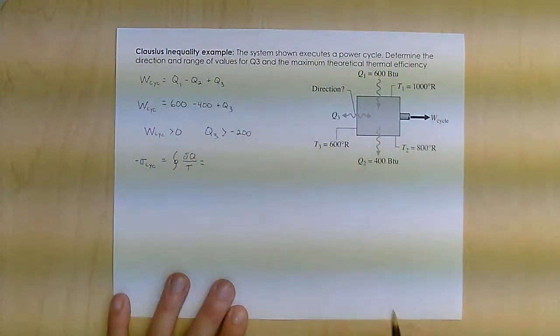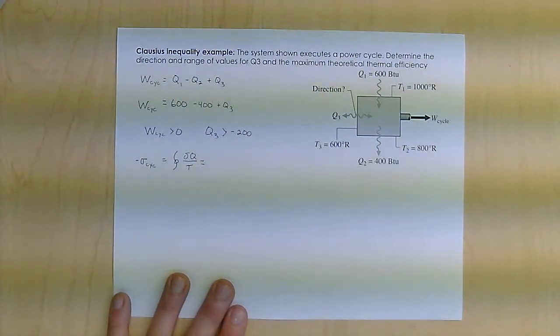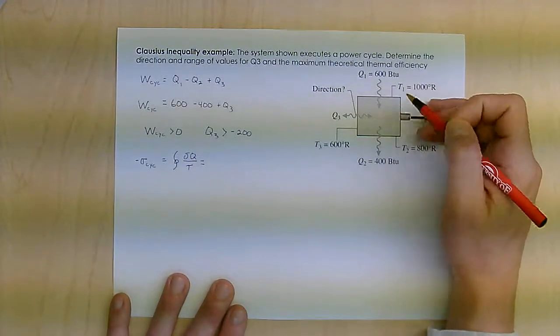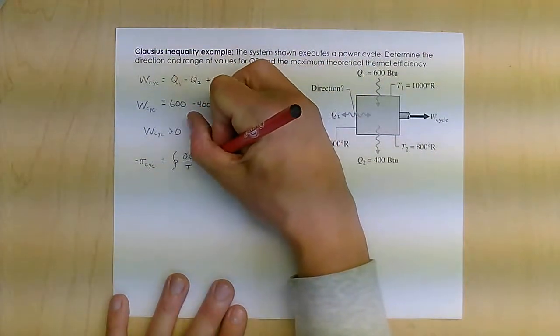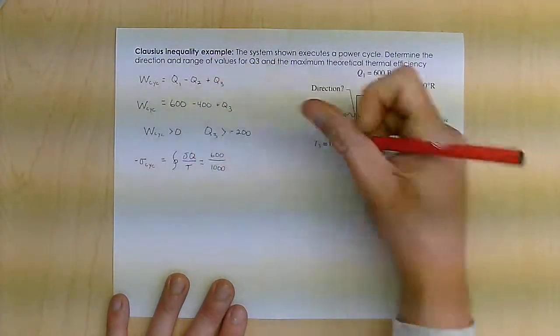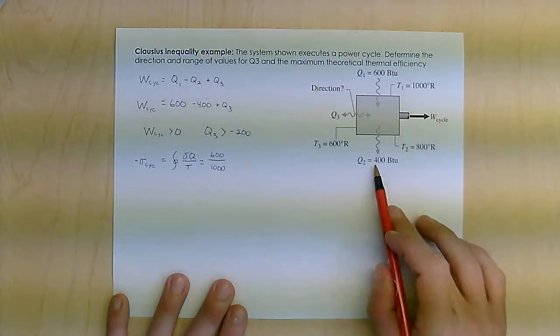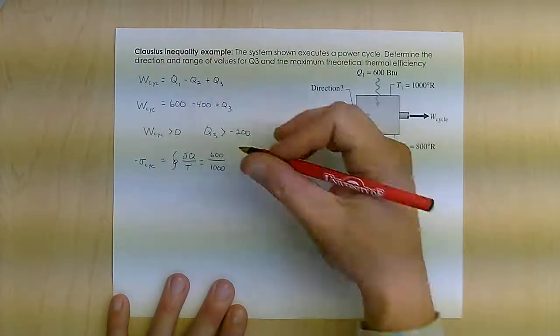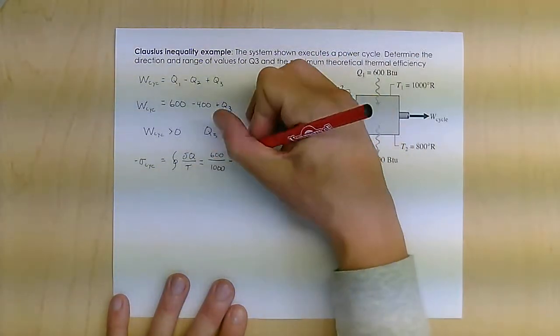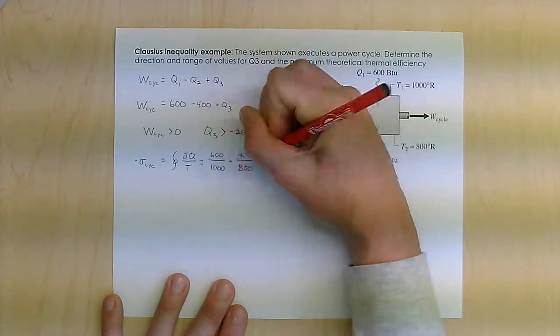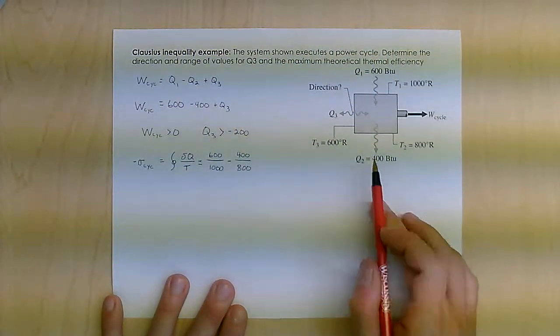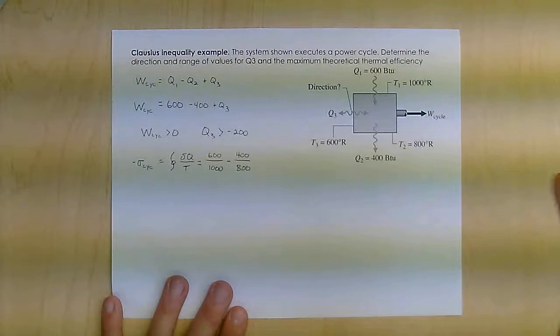I can do them independently. Which is to say I've got Q1 over T1, so that's 600 over 1,000, minus 400 over 800, and then this Q3, which again I'll just assume is positive.